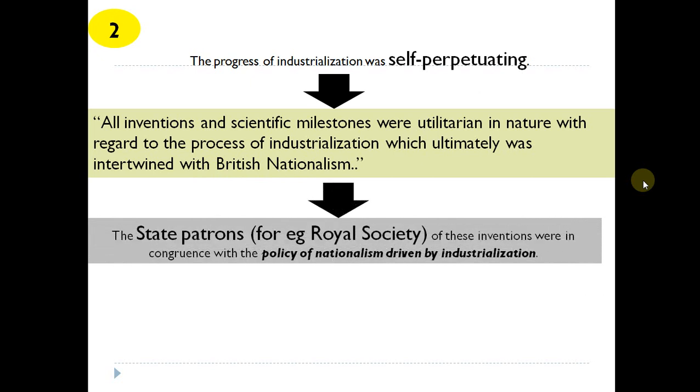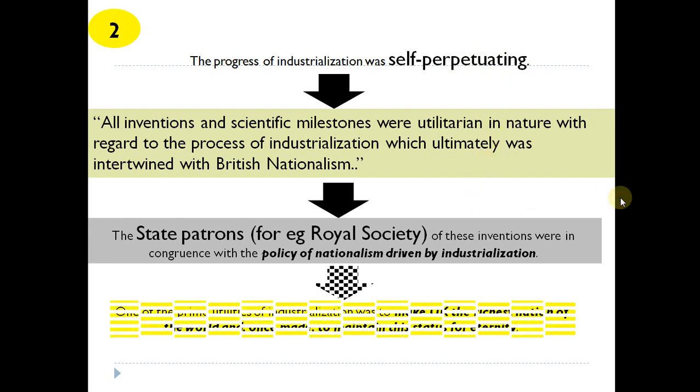The state patrons, for example, the Royal Society of London, funded only such inventions or scientific researches or works which helped in the process of industrialization. That is why the progress of industrialization was self-perpetuating.